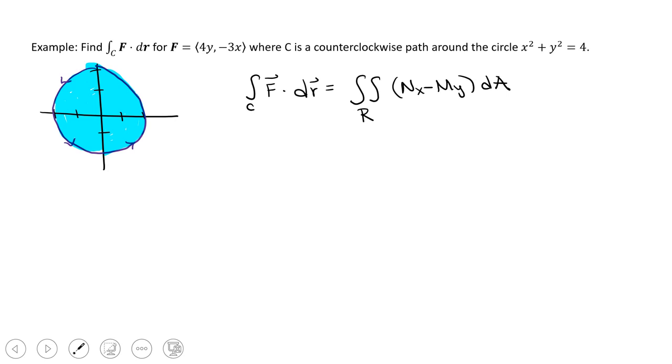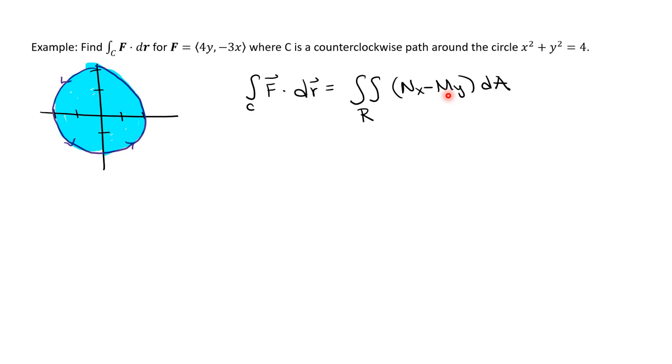over our vector field. And so we can set this up as a line integral, or we can set this up as an area integral. And to set it up as an area integral, the thing that we're going to integrate is this Nx minus My. And I would like to mention that that quantity, Nx minus My, is actually a measure of the curl or the spin of that vector field.